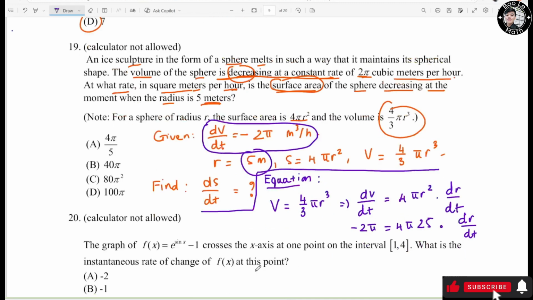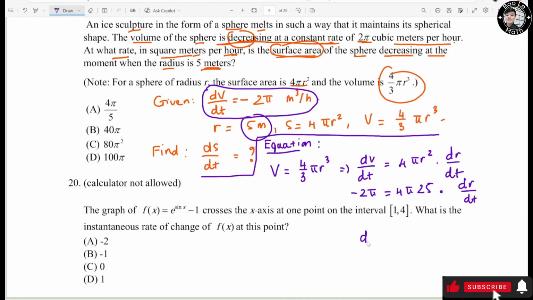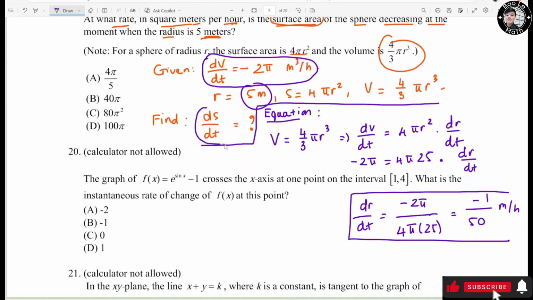I need to solve for dr/dt, which equals negative 2 pi divided by 4 pi times 25, so it is negative 1 over 50. Now we need to focus on dS/dt. We use the surface area formula and take the derivative of both sides with respect to t.